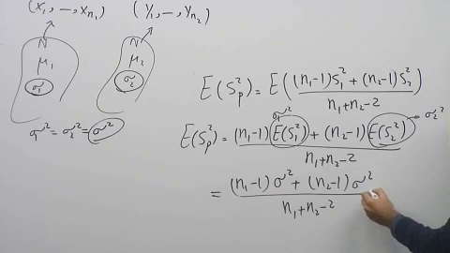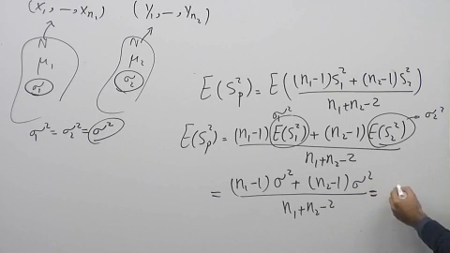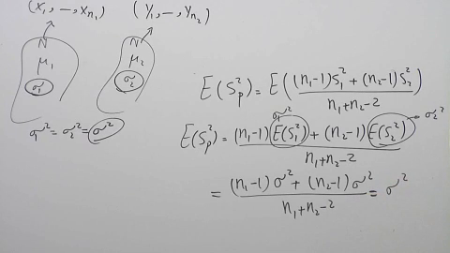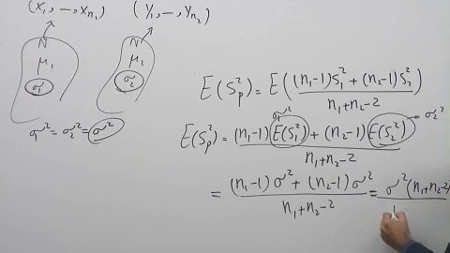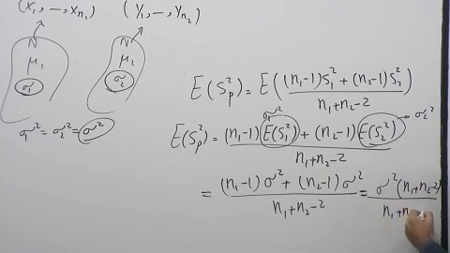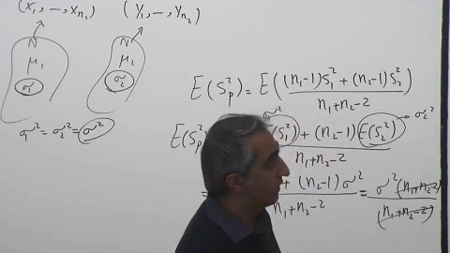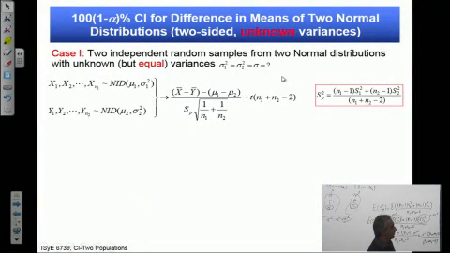Factorizing, what I get is basically sigma squared. So that's why we use this combination for estimating the variance.